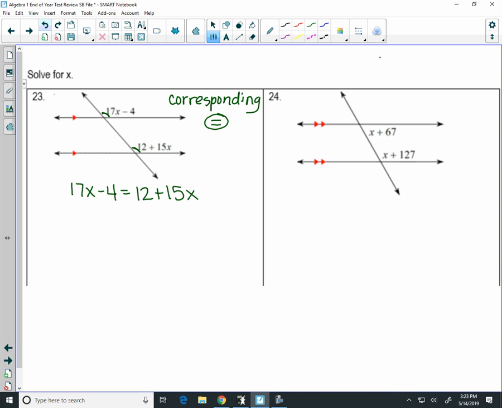And now this looks like a quarter 1 algebra problem. So go ahead and work through solving for x. I'm going to catch up with you.